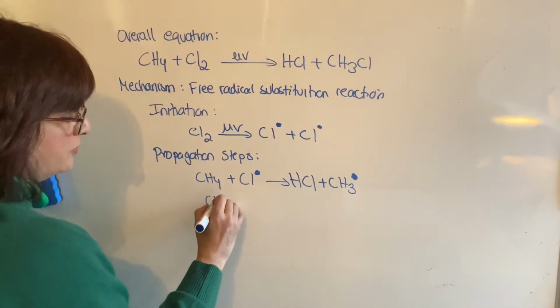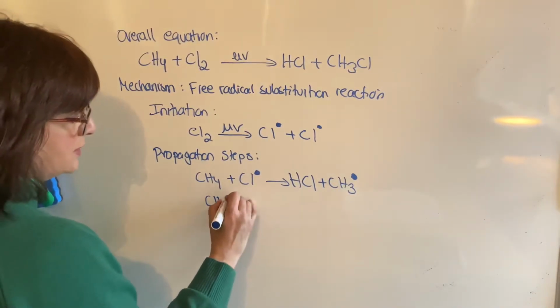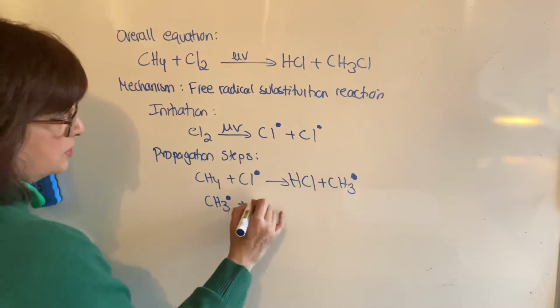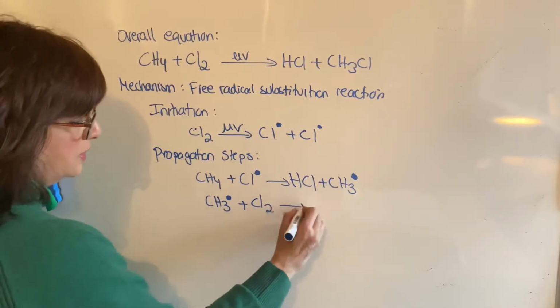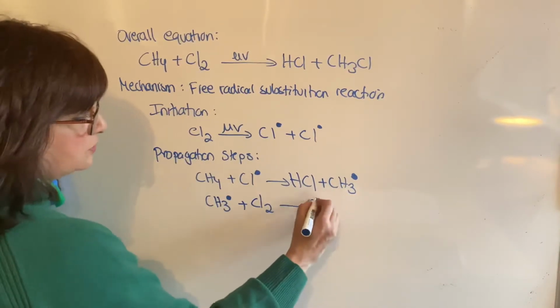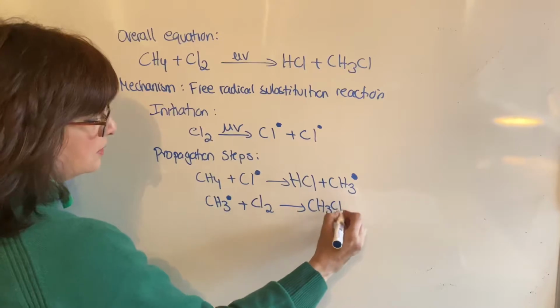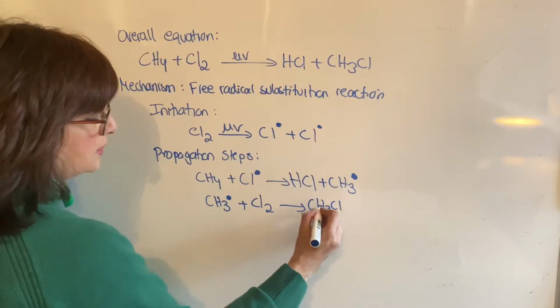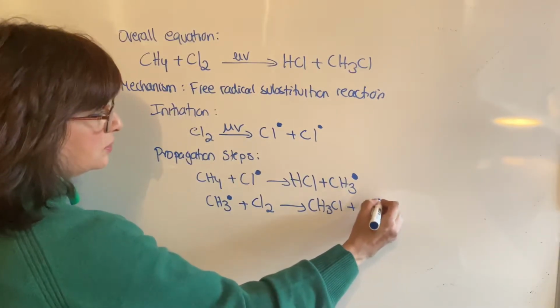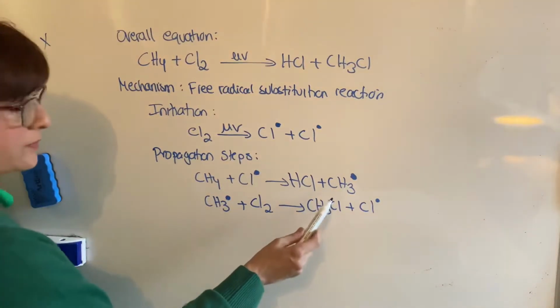The CH3 free radical is now desperate to get something attached to it. So it's going to react with the Cl2 molecule. It takes away one of the chlorines in here, and forms CH3Cl, which is chloromethane, plus you have the free radical come back again.